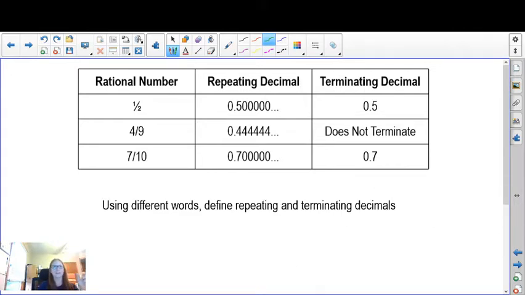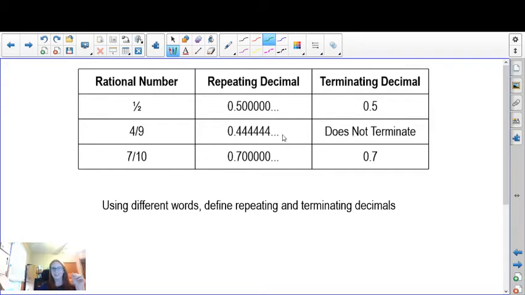So for example, we discussed a half. A half written as a decimal is 0.50000. As a terminating decimal, I can call it 0.5. 4/9 can be written as 0.4444 going on forever.